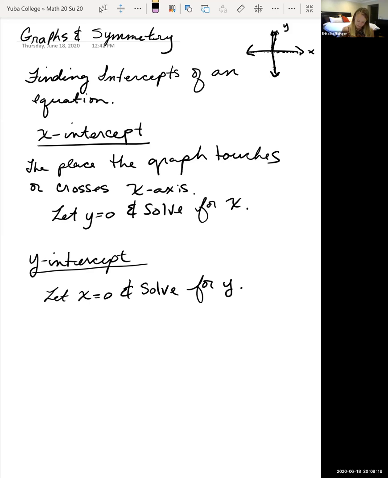Okay, so for example, if it asked us to find the intercepts and graph each equation by plotting points, be sure to label the intercepts. So we're going to find intercepts and graph.